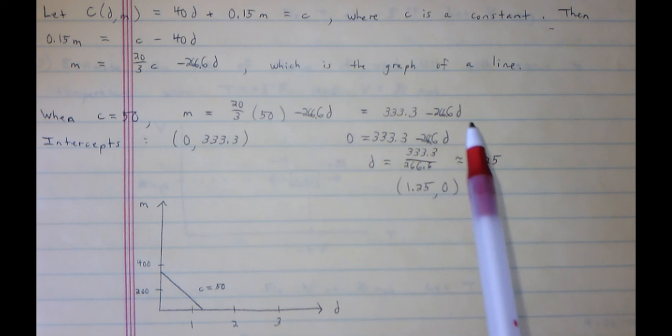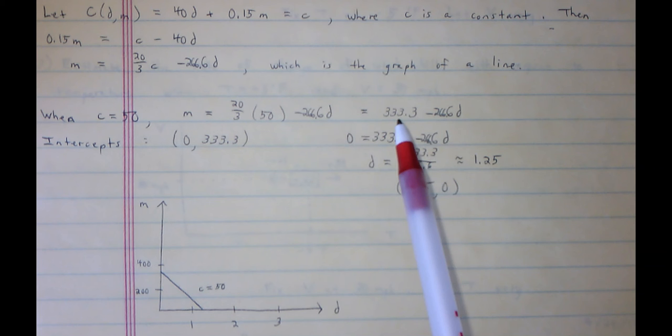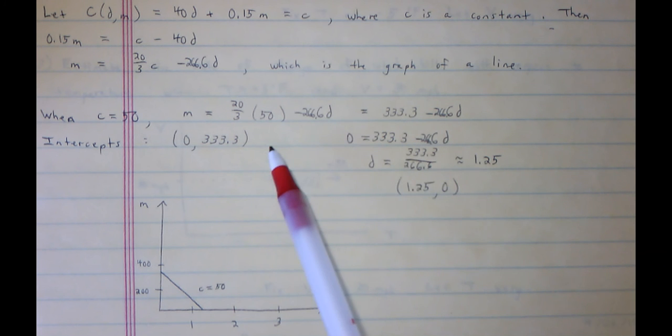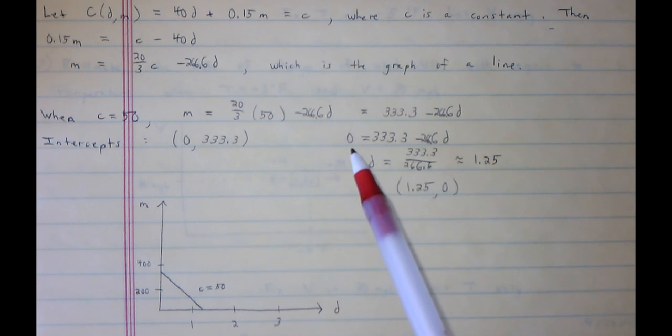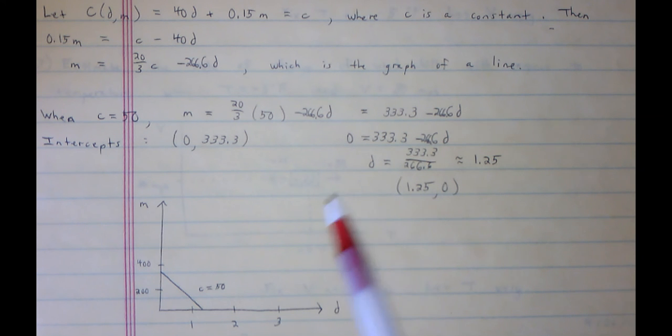When d is 0, m is 333.3. And when m is 0, we end up with d equals 1.25. So now we've got our 2 intercepts, which I've plotted here. And we know this is a line. So here's our first contour, c equals 50.